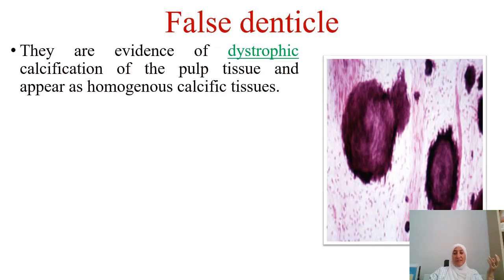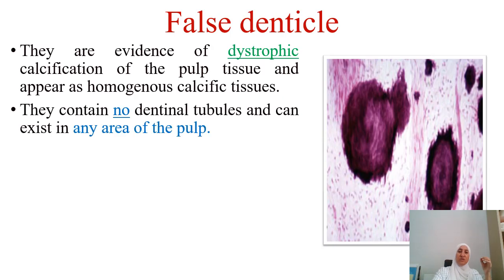While false denticles are numerous and exist all over the pulp tissue. They are just a dystrophic calcification, some calcification without any dentinal tubules pattern, predentin or odontoblasts, thus it is just calcification.